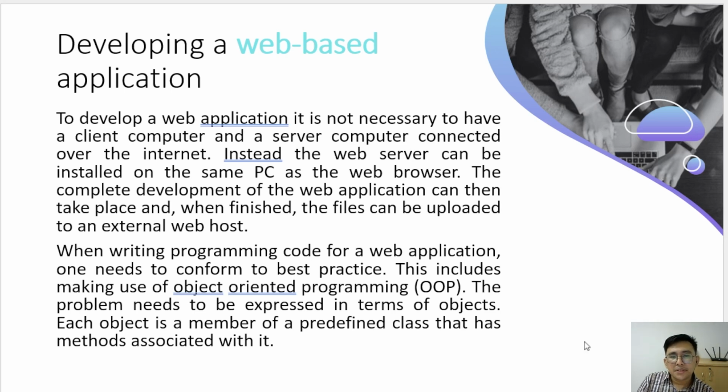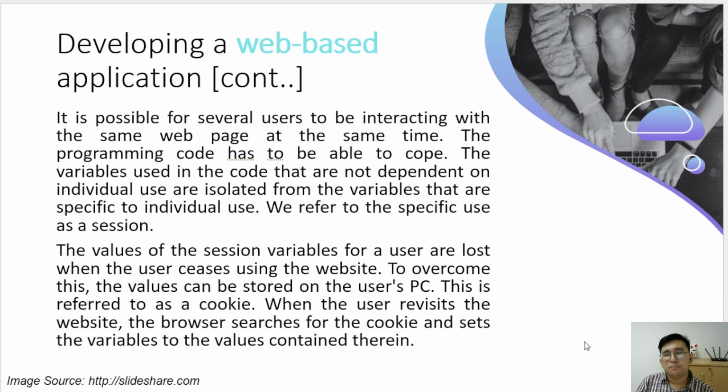In a web-based application, it is also possible for several users to be interacting with the same web-based technology at the same time. This could be accessed by using the programming code, but it also needs to be observed that the programming code has to be able to cope with this kind of interaction, accessed by multiple users at the same time.